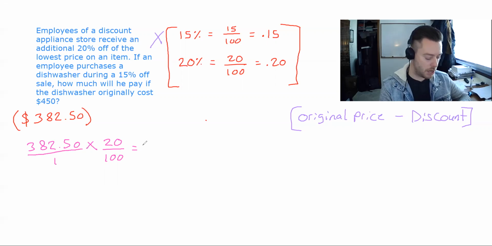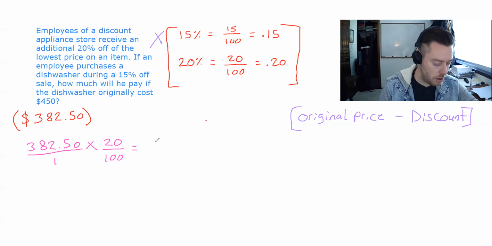And again, I'm going to use my calculator here. 382.5 times 20 divided by 100. And you are going to get, your fractional form is 153 divided by 2.